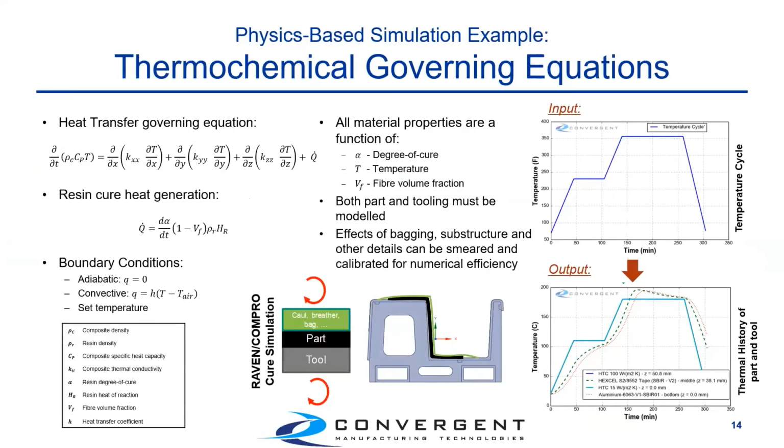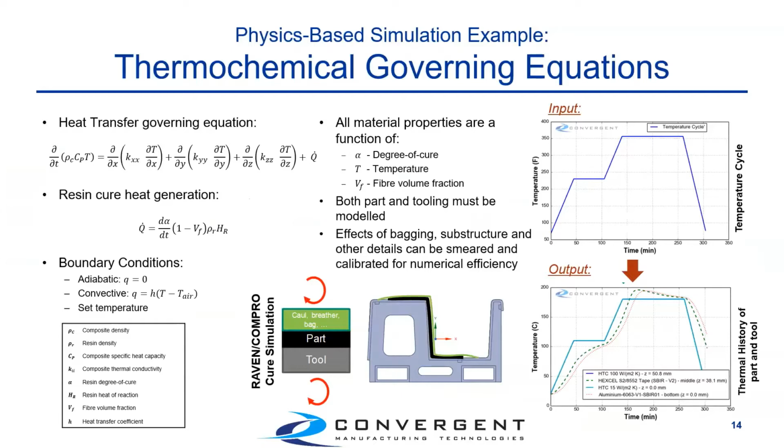And you can have the simulations at different levels of complexity and detail. In a 1D Raven simulation, you have an abstract representation of the boundary condition in terms of HTCs and the true thickness representation and drill through of the coil breather, the part, and the tool.